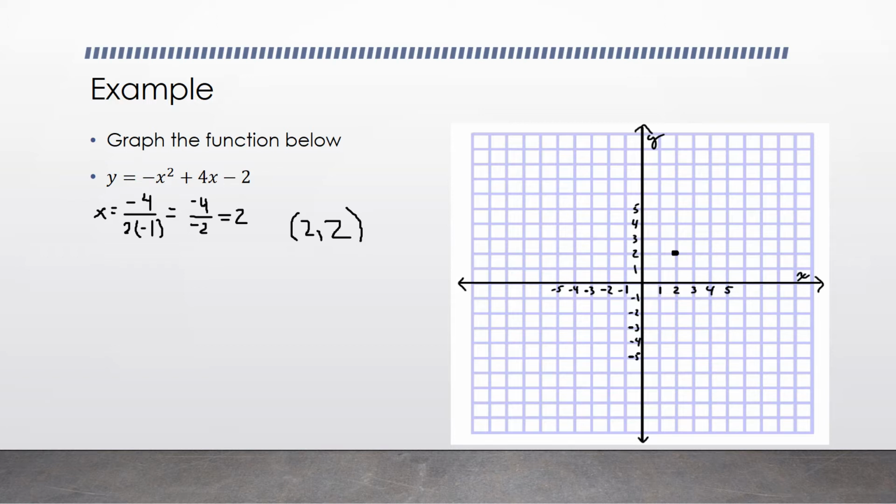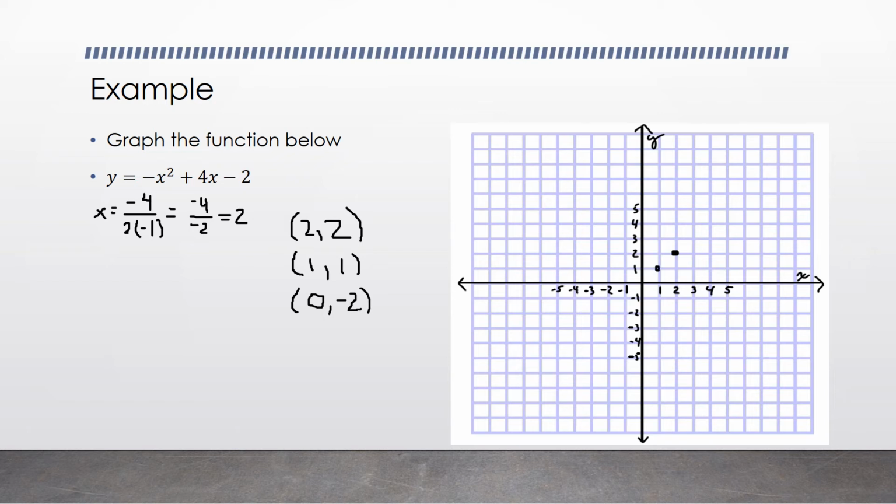Now let's find points on the same side. Okay, I'm going to go with 1 and 0. So when I plug 1 in, I get negative 1 plus 4 is 3, minus 2 is 1. So I got 1, 1. And when I plug in 0, I'm going to get 0, negative 2.